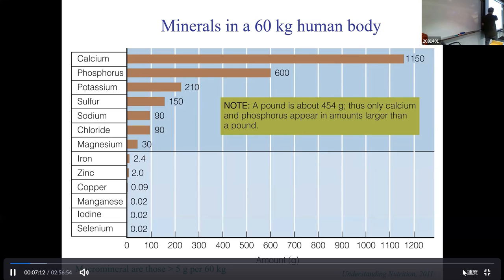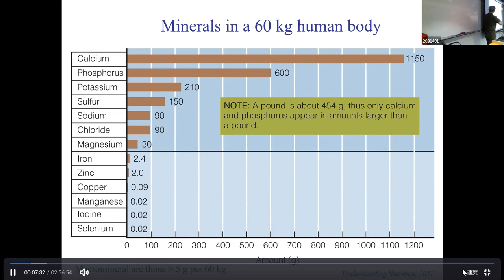This is more or less the line that separates the macro and the micro. As indicated here, macro minerals are usually those present in our body, for a 60 kg person, at 5 gram or more.